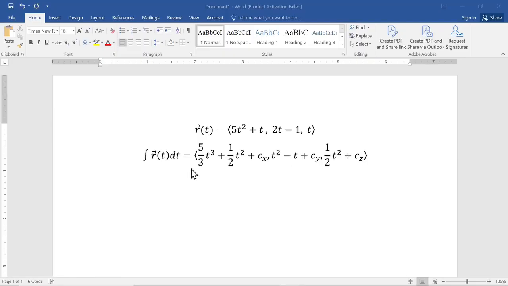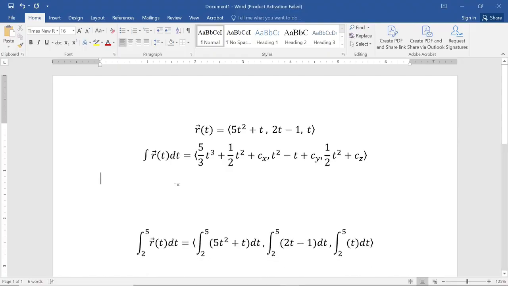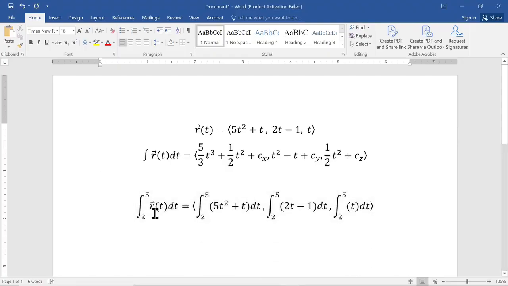Now, we've already done the indefinite integral, and now we're just going to take the definite integral. If you remember about doing a definite integral, we know how to integrate these individual functions. So when you do the definite integral, it's going to be just like that. We're going to integrate from 2 to 5 with respect to t, each of these individual functions. Now, again, different notation. Some people like certain notation.